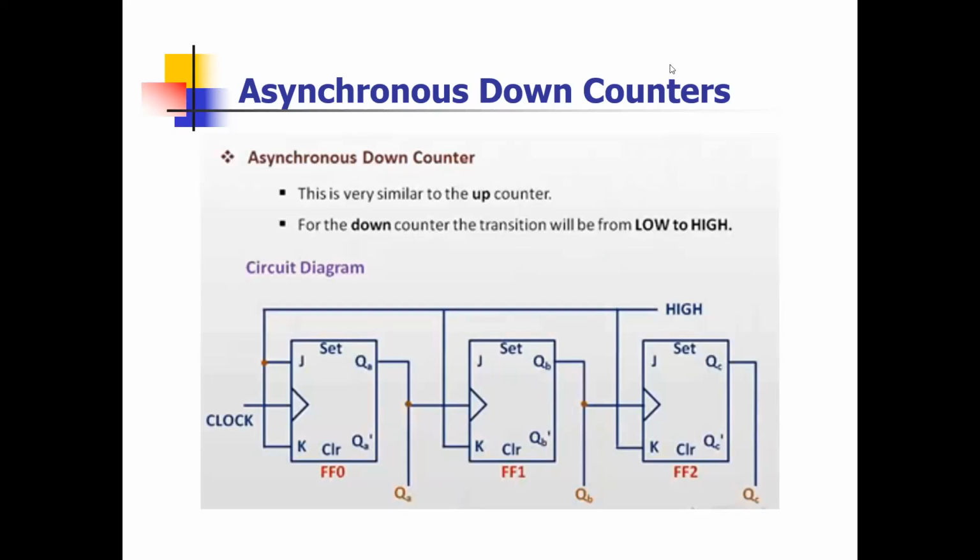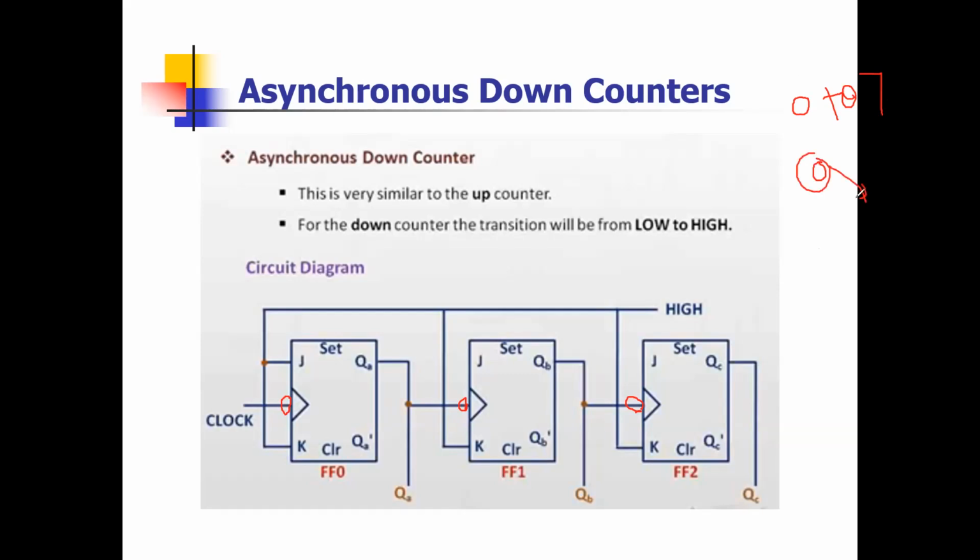And if I place a bubble here, then what is this? It will be an up counter. So it will count 0 to 7.